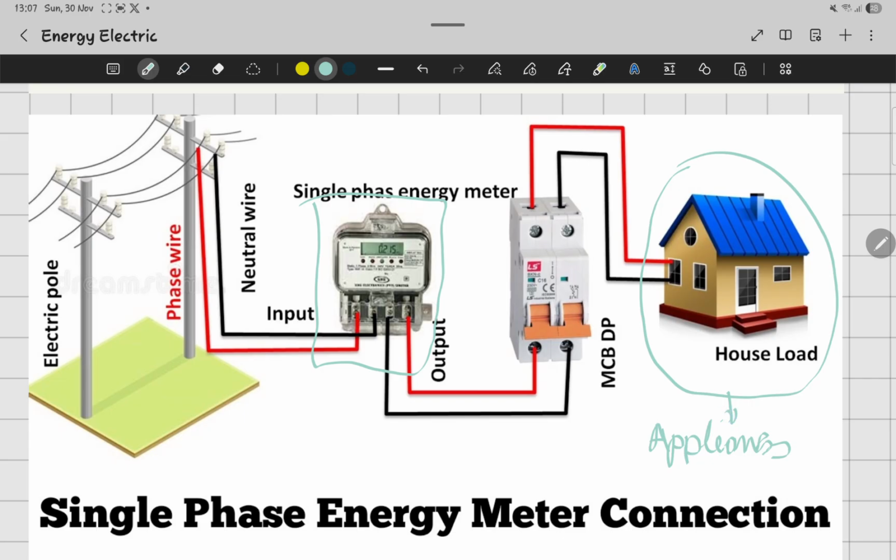The more appliances you turn on, the more the LED will be flashing. So the LED blinks depending on the number of appliances connected and activated in the house.